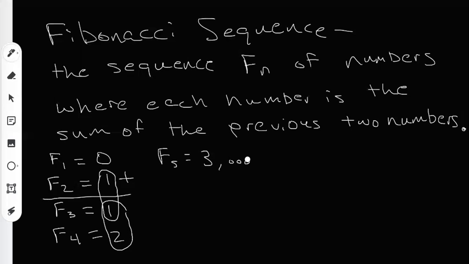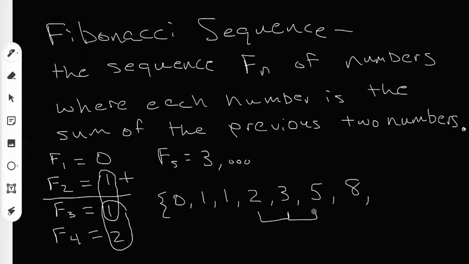So what would this sequence look like? It would be 0, 1, 1, 2, 3. And then what would the next term be? Well, 2 plus 3 is going to give me 5. What would the next term be? 3 plus 5, that's going to give me 8.